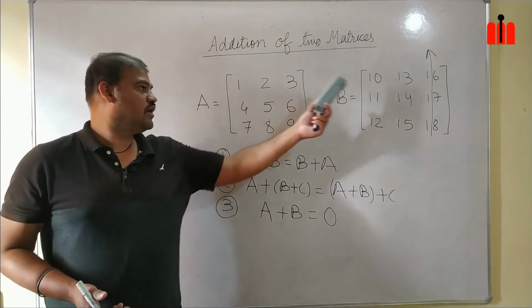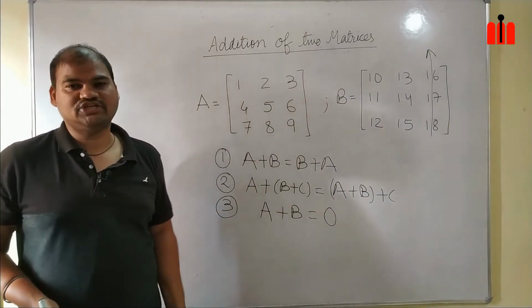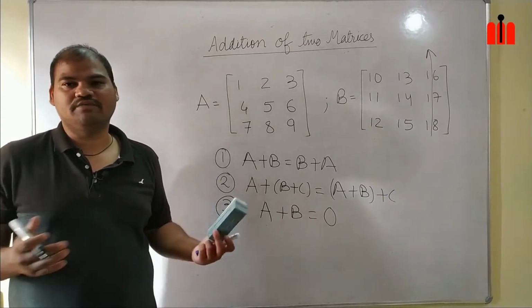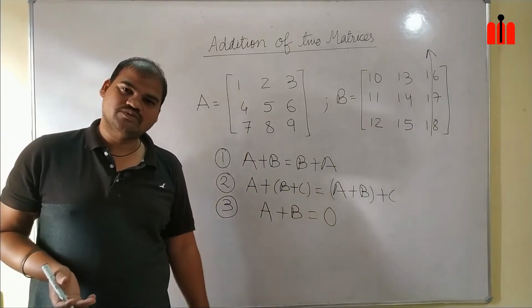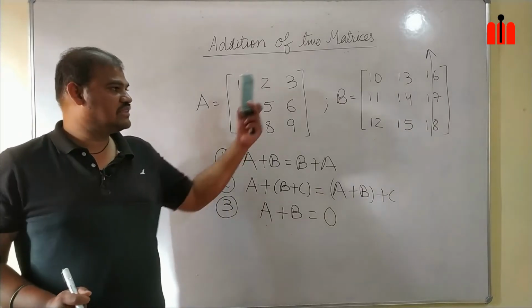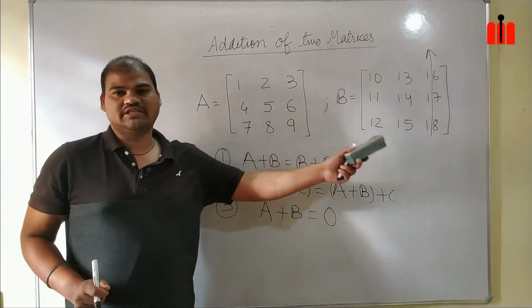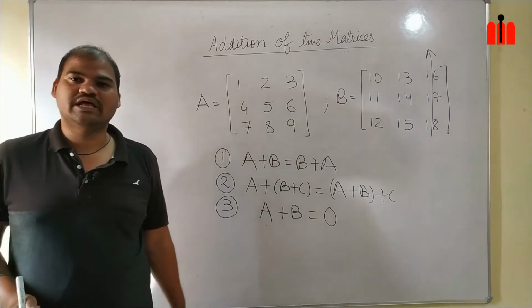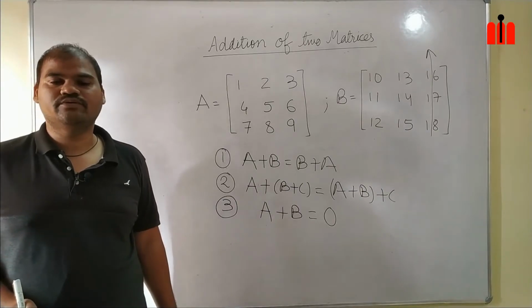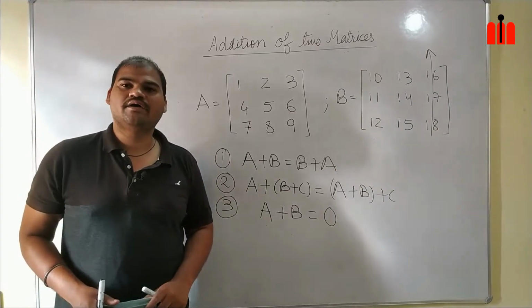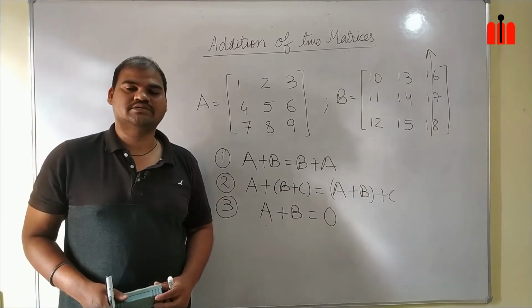Like that, if B12 is -2, then again C12, which is the result of A plus B, will also be 0. Are you getting it? If all elements are such that the addition of A and B results in all 0 elements, then that is known as an additive inverse. Okay, so these three are the main properties.